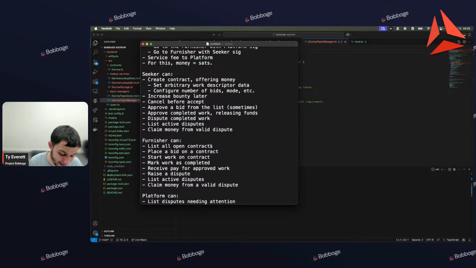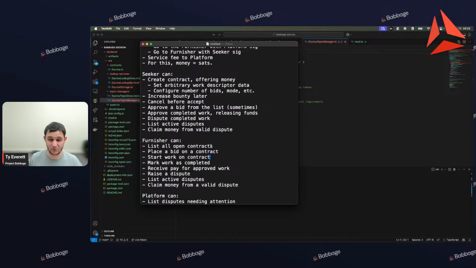I think adding platform-based approvals and permissioned mode to this, where the platform gets a list of all the unapproved bids, and then can kind of match people, I think that's not as important, especially given the nature of the tech, right?